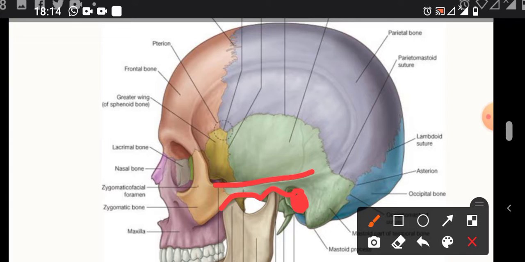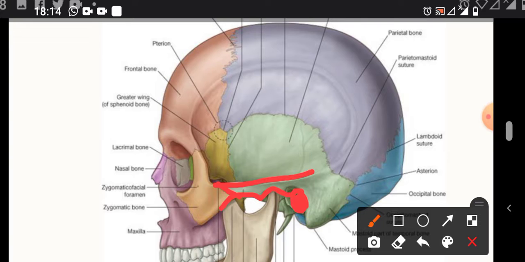It is formed by the temporal process of the zygomatic bone in the anterior one-third and the zygomatic process of the temporal bone in the posterior two-thirds. The zygomatico-temporal suture crosses the arch obliquely downward and backward.